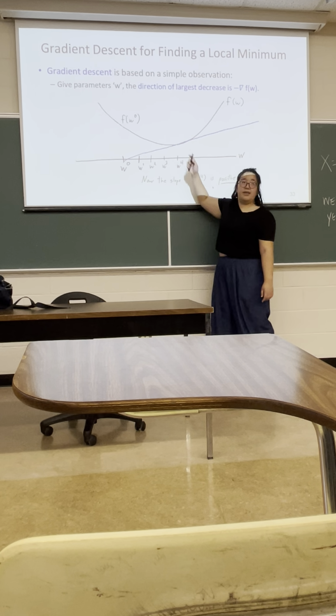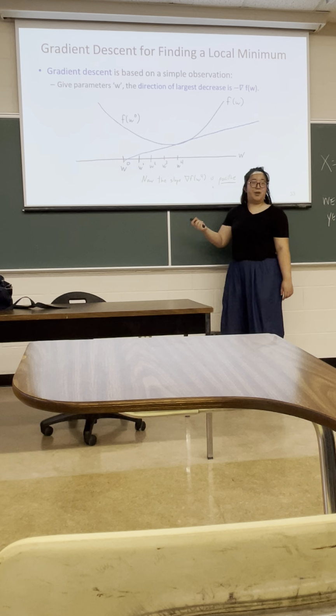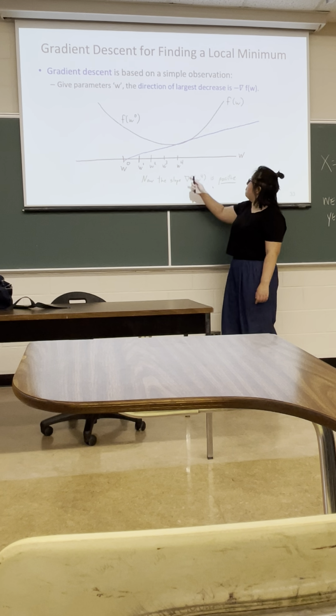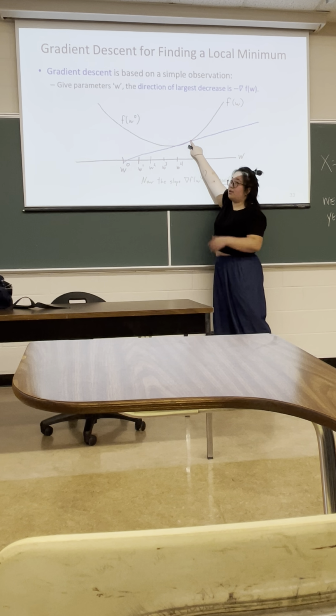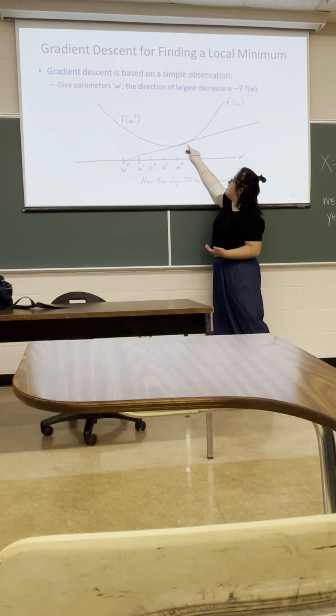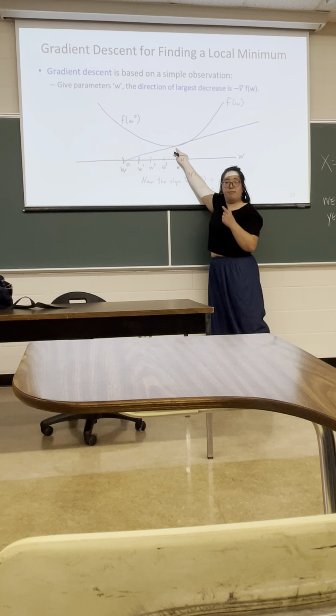This is the indicator that you went too far and missed the minimizer. The slope is positive, which says that if you go further to the right-hand side, your cost function will go up. But if you go back, with some carefully designed step sizes, you have the potential to find the minimizer.